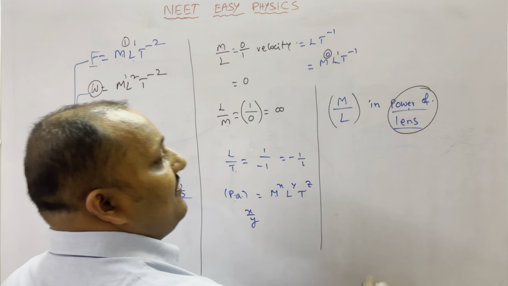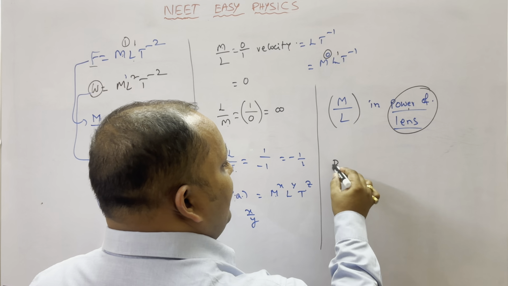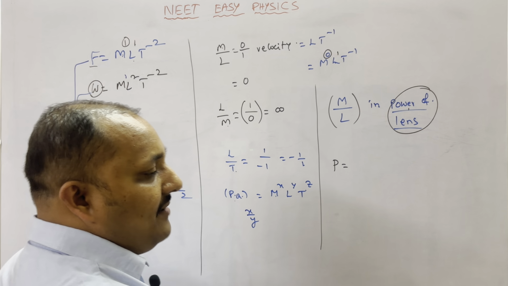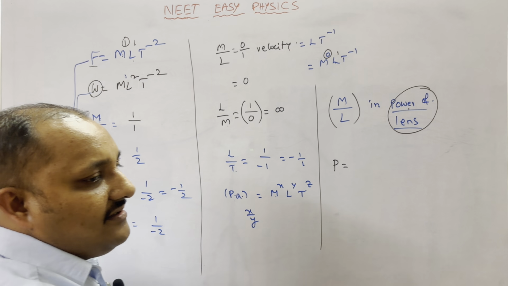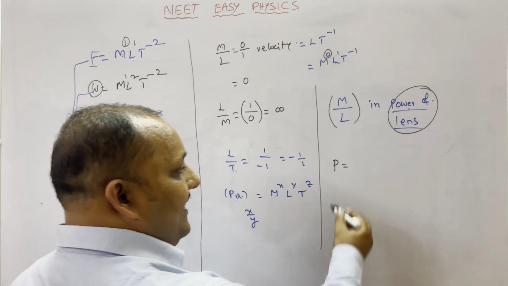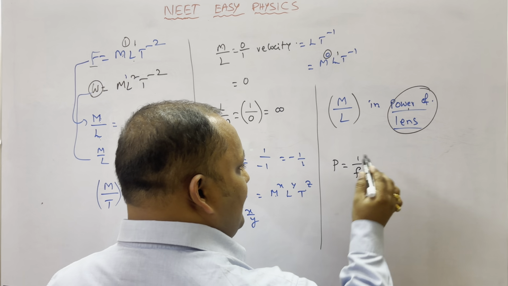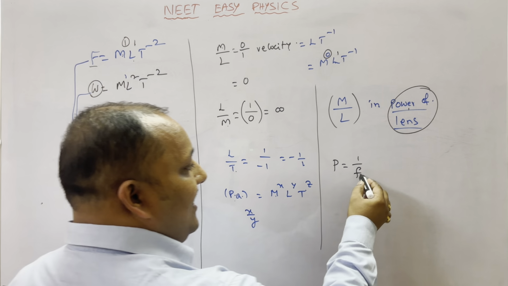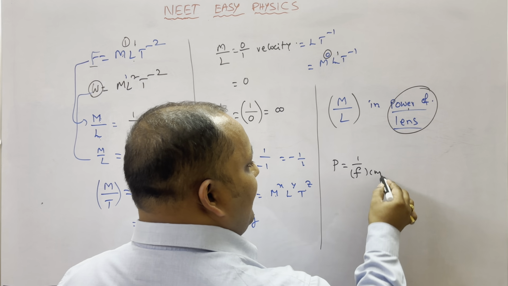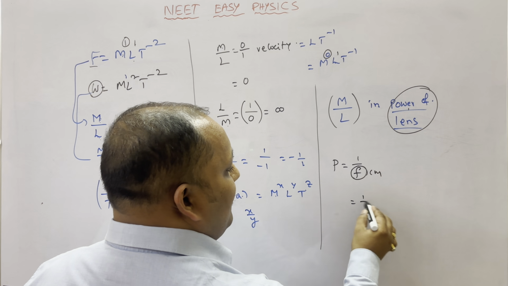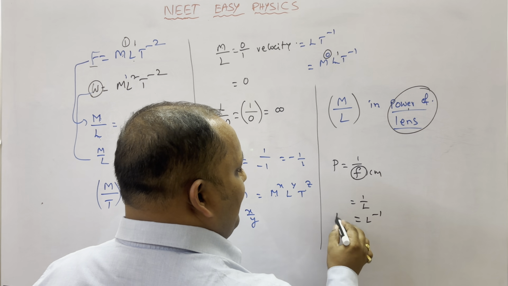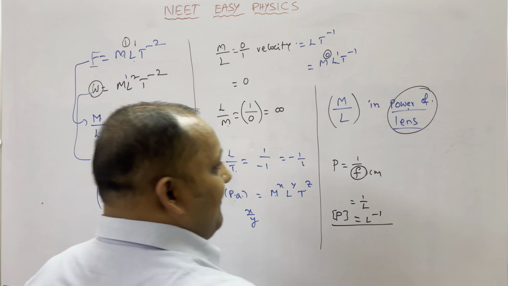What is the definition of power of lens? Power of lens P is equal to, if you know it you can say directly, because this is second year related, and even in your 10th class in the optics lesson you will get it. Power is nothing but the reciprocal of focal length. Focal length unit is centimeter. Therefore, the focal length dimensional formula is going to be L. 1 by L is nothing but L power minus 1. This is the power of the lens.